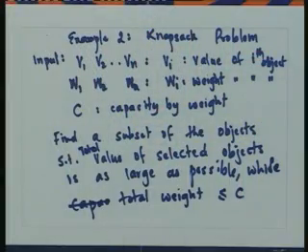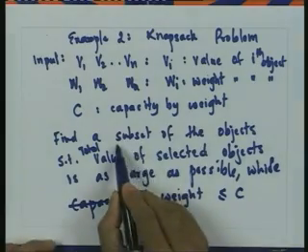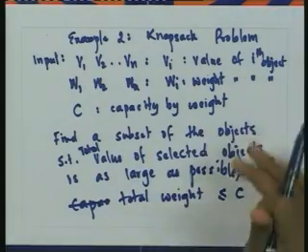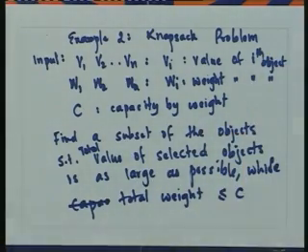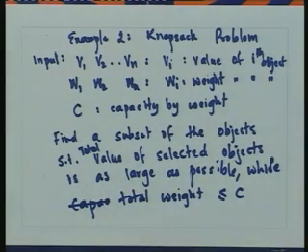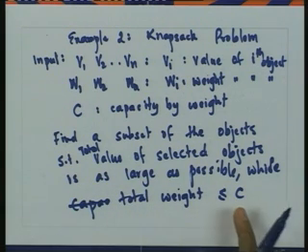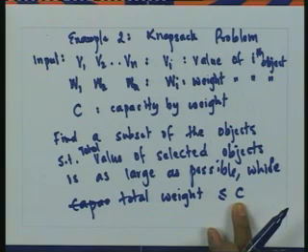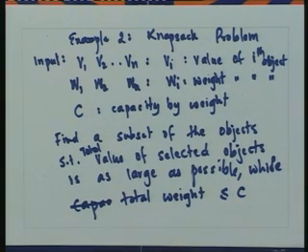So again there is a constraint over here. First of all, there is a combinatorial object that we need to pick, which is the subset of the given objects, or perhaps you could call these items. We want to pick a subset of these given items, and there is a constraint that the weights of the selected items should not be bigger than C. And then there is also an objective function: their value should be as large as possible.